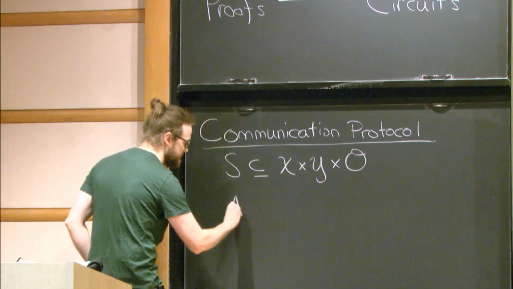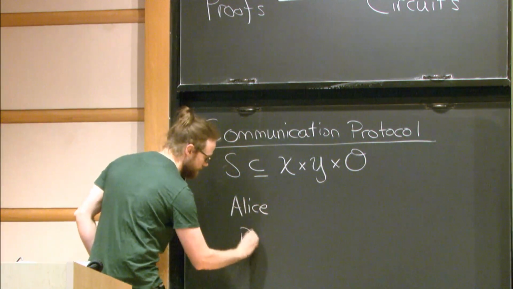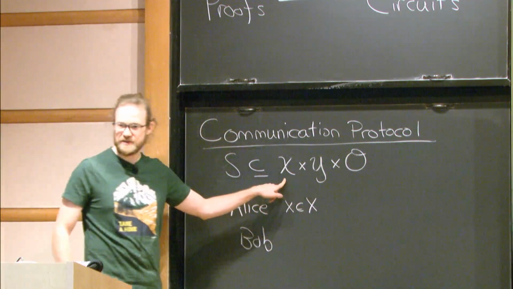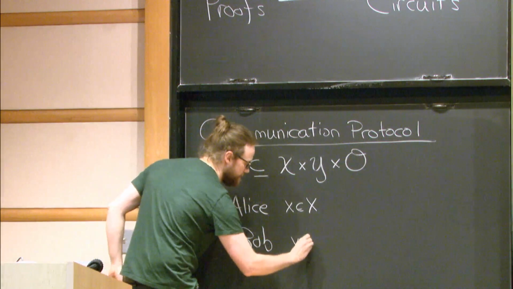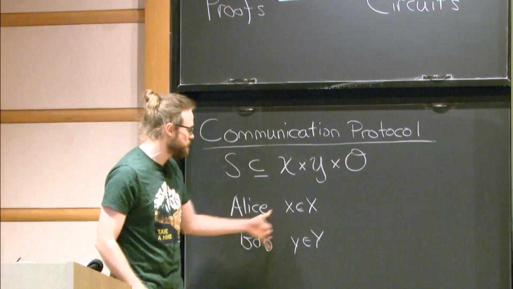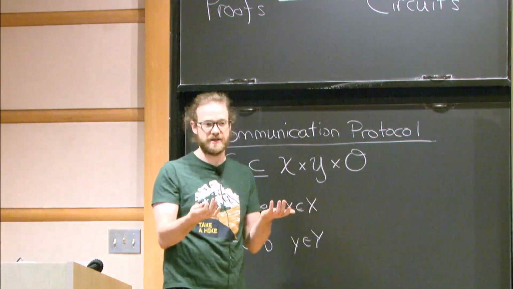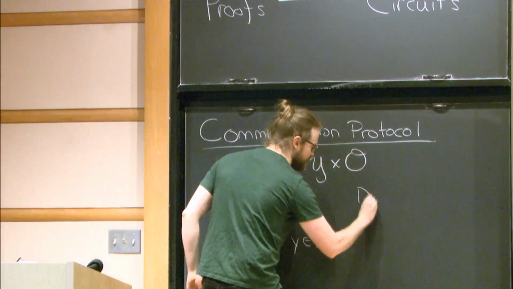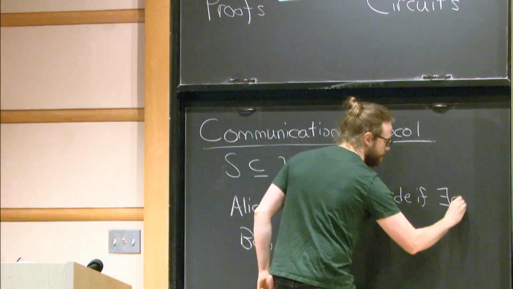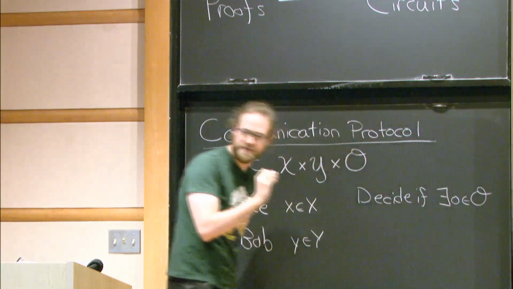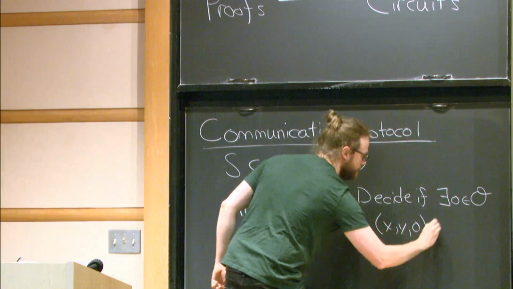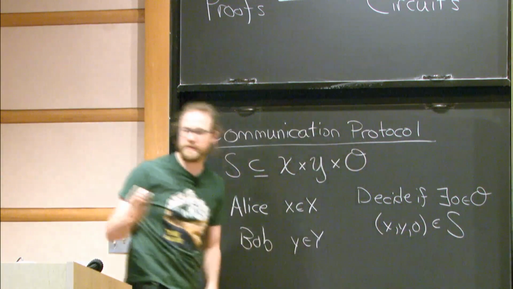So there are going to be 2 players, Alice and Bob. Alice is going to get as input some x from the first part. Bob will get an input y that's in the second part. OK? And then what they want to do is decide between themselves whether there exists something in the third part such that the triple is in the relation. OK?